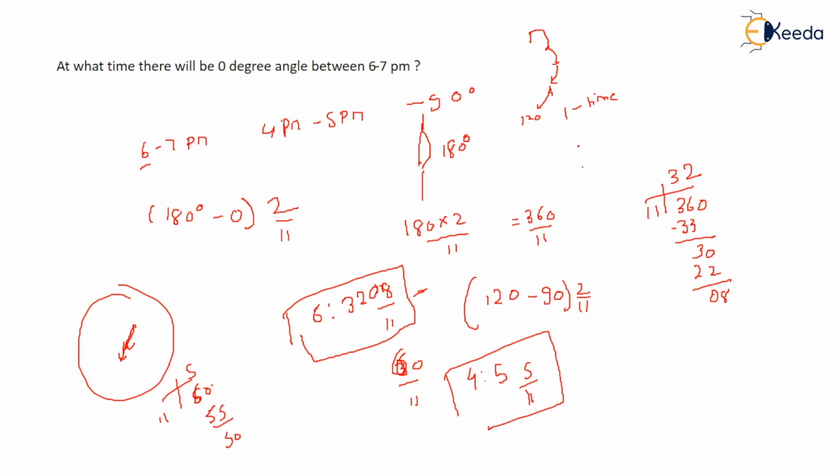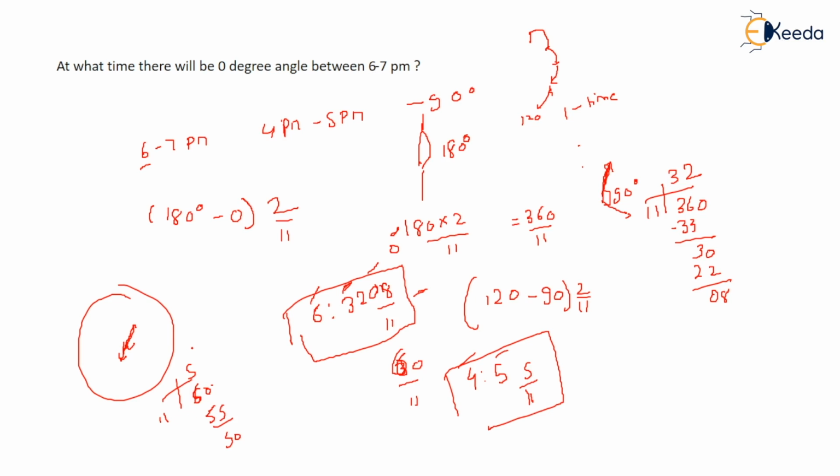You can check by your own, at 4 and 5 minutes something, this will be exactly 90, right? Hour hand is at 4 and minute hand will be at 5. Similarly, hour hand will be at 6 and minute hand at 32 when they will be making 0 degree angle.